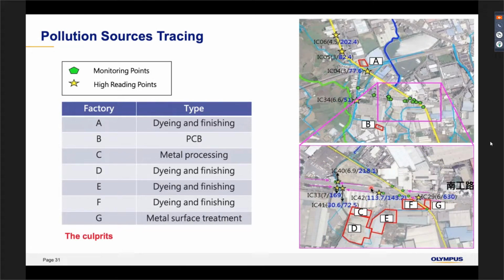Here on this picture, you can see that the green dots indicate that there's no problem, and the yellow asterisks are the points where heavy metals are abnormally high. In this way, we can identify who is the culprit.